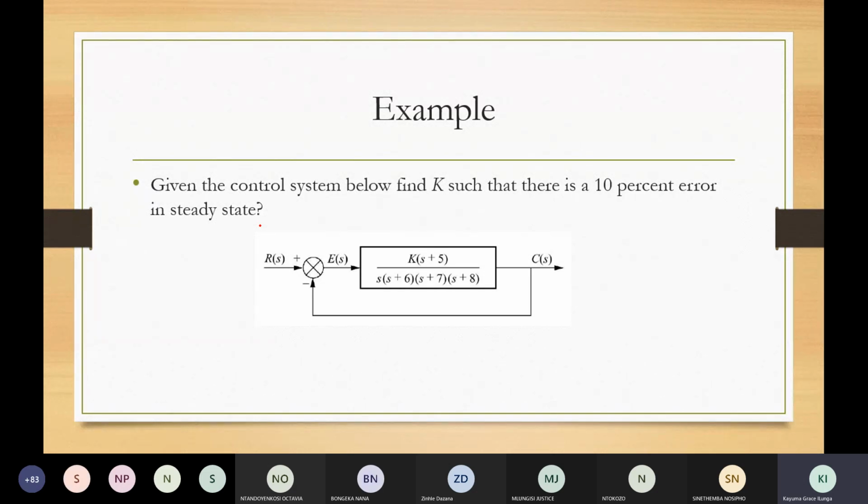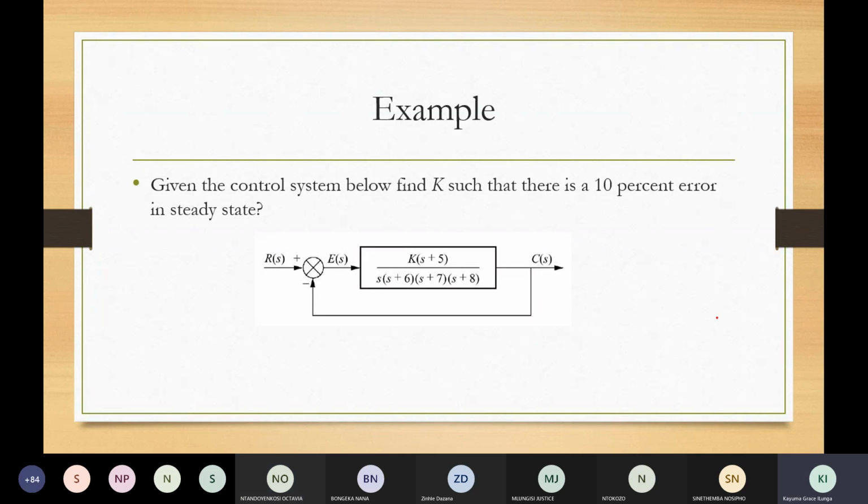If you can see this system here, which type of system are we in? Is it type 1, type 0, or type 2? Type 1. Thank you very much.